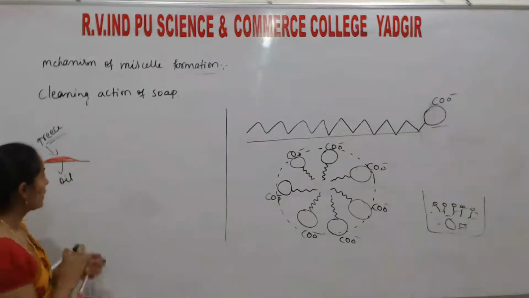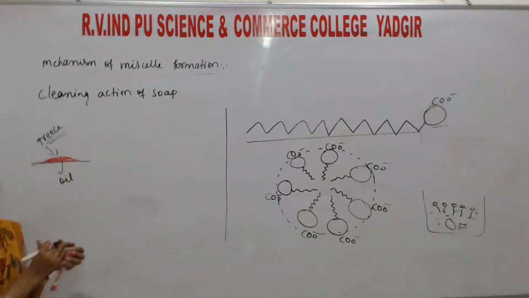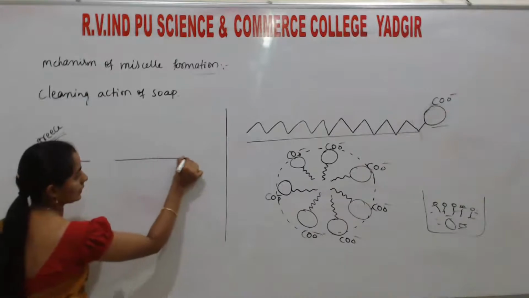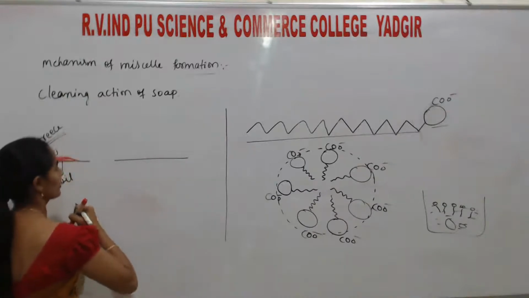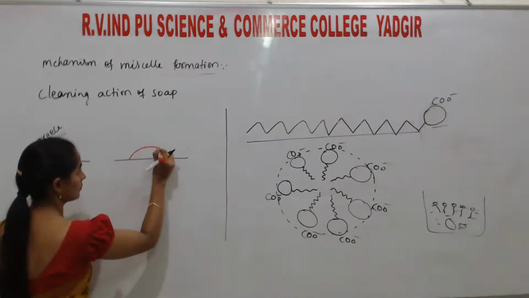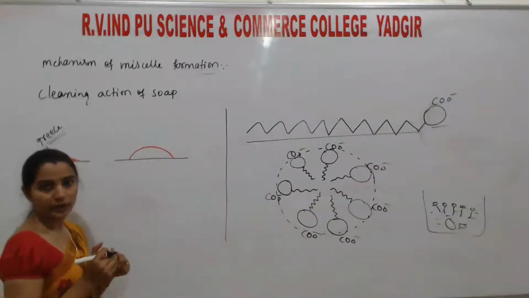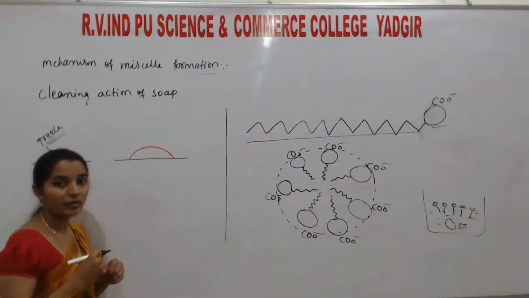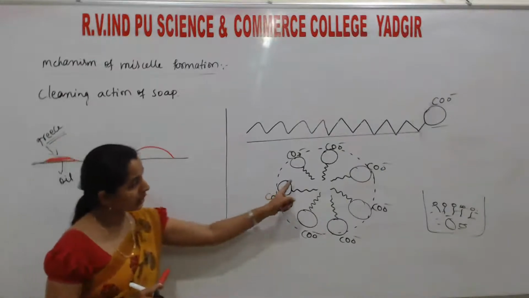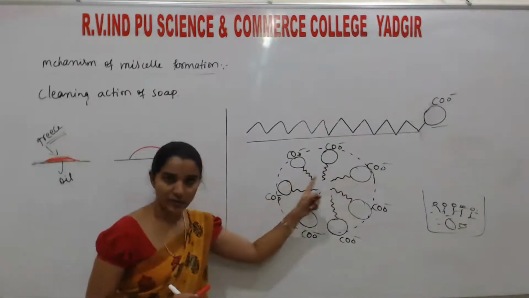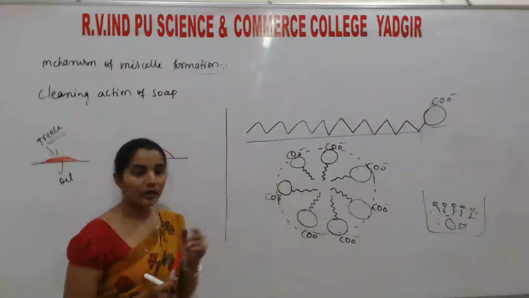So listen, when the cloth is there, here the micelle is there. For example, this is the dust or any grease or oil particle that is stuck on the fabric. So students, here the micelle is in this form. Correct? Here what happens?